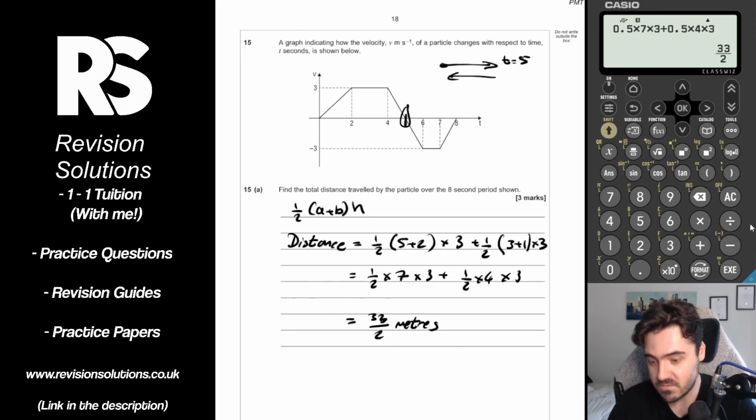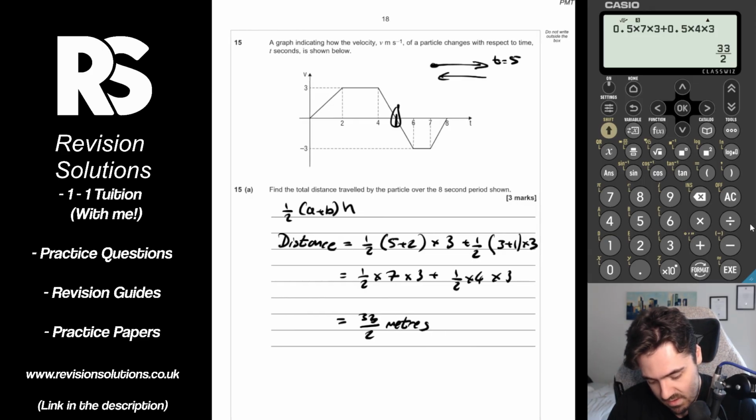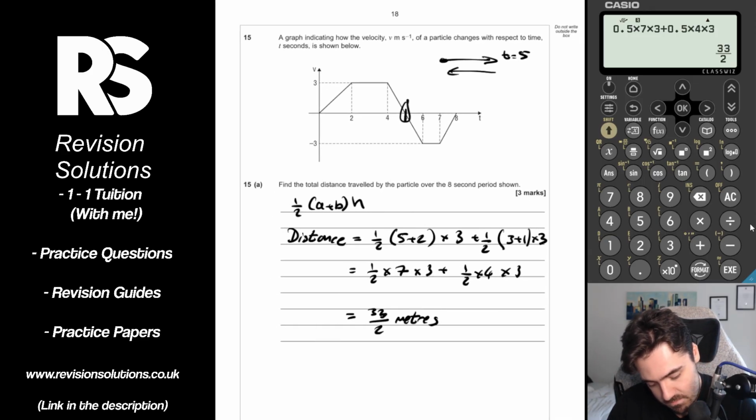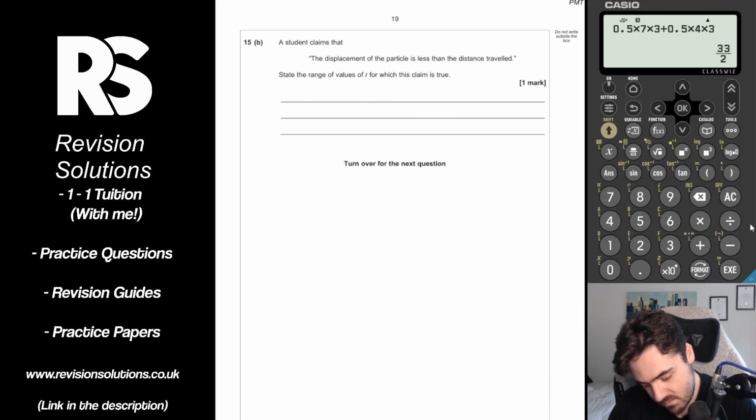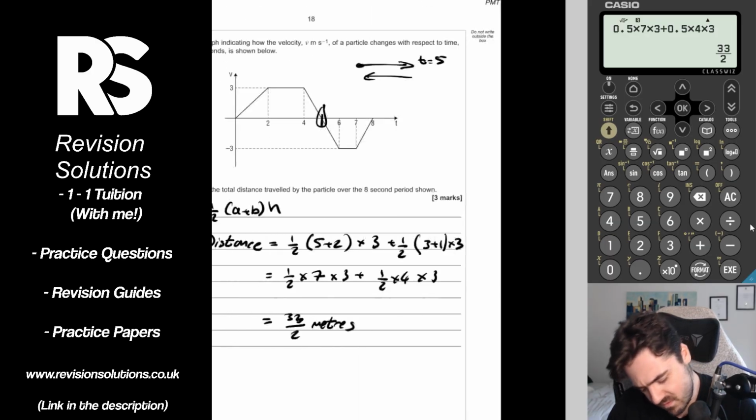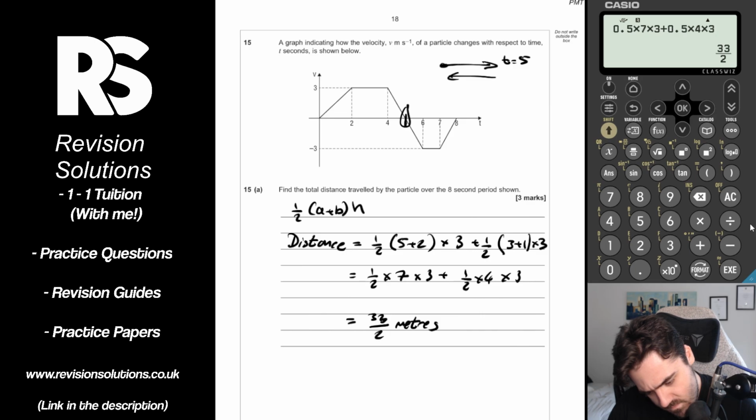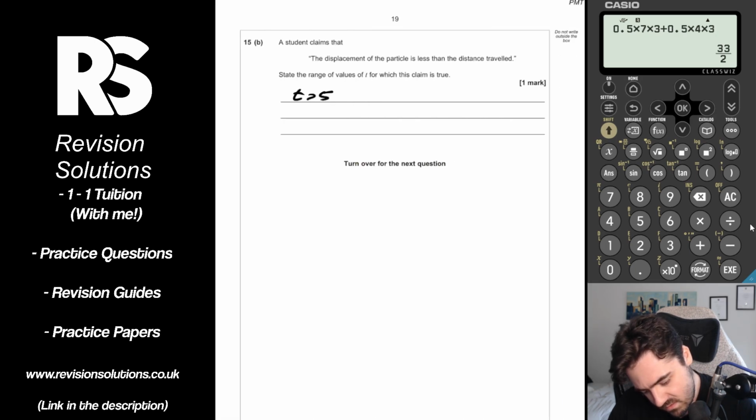So after t = 5, his displacement actually starts to become smaller and the distance traveled grows. So it's going to be everything above t = 5. Or maybe if we want to just include the journey of 8 seconds, it would be t is greater than 5 but less than 8.